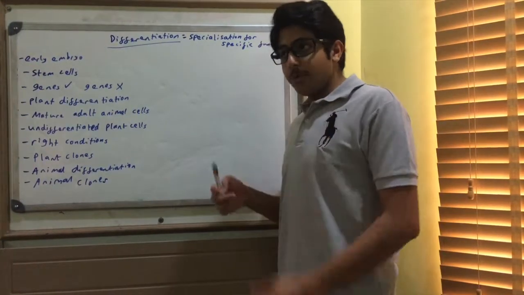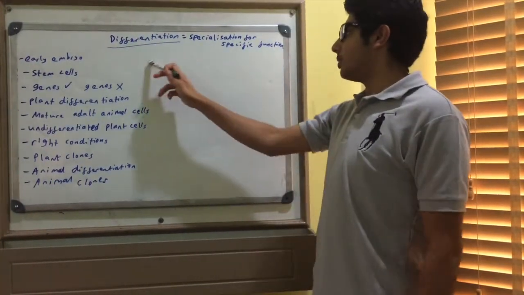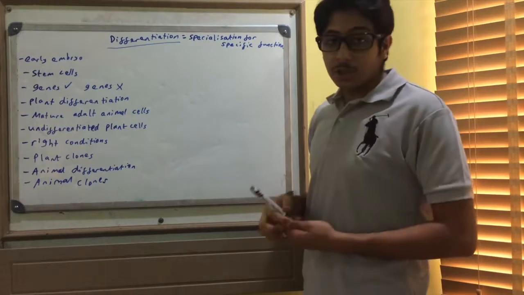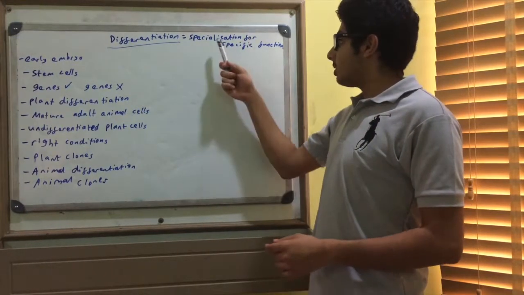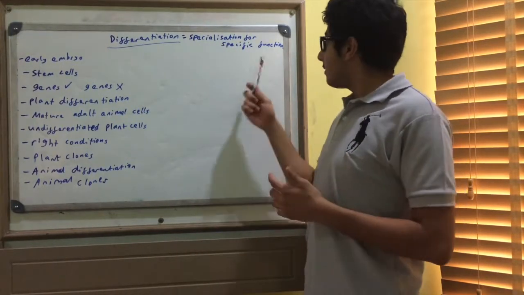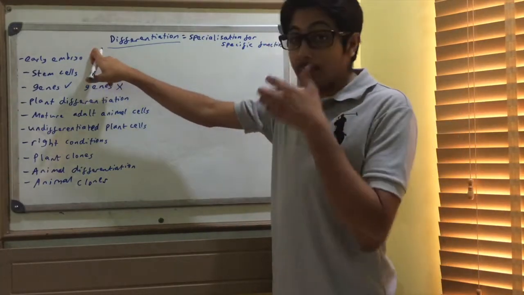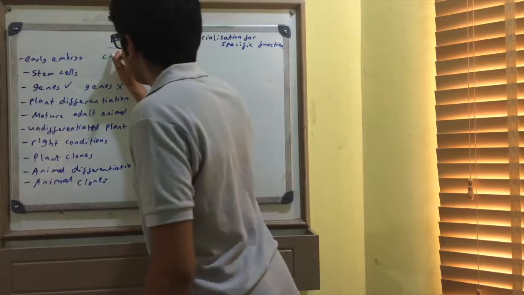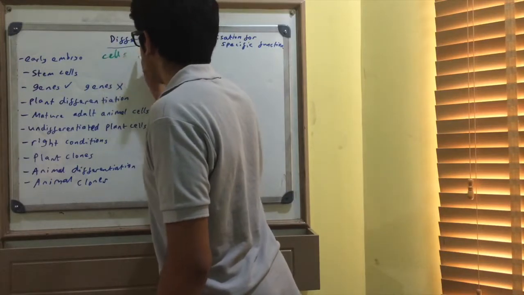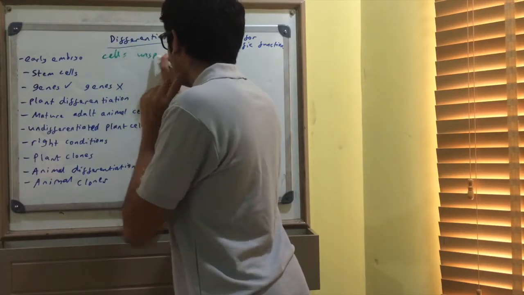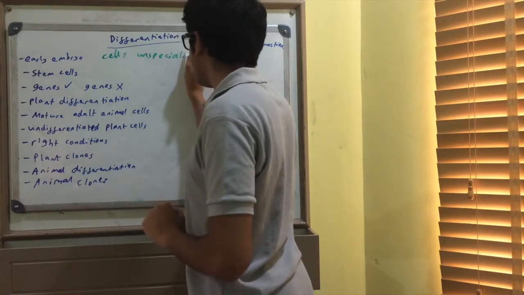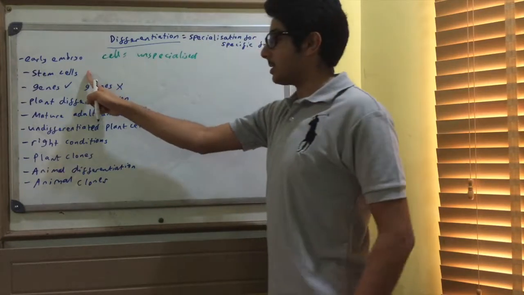Now, before we talk about meiosis, let's talk about differentiation. Differentiation is the specialization of cells for a specific function. Now, in the early development of the embryo, cells are unspecialized. And we call these unspecialized cells stem cells.